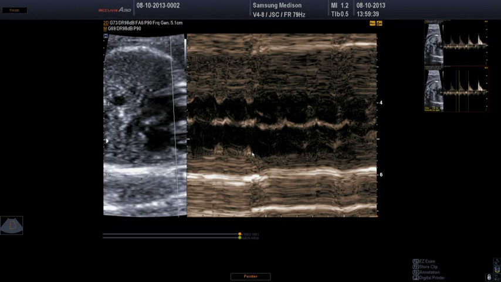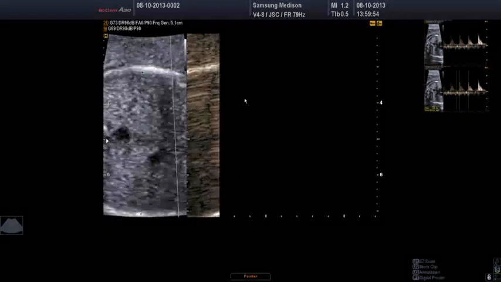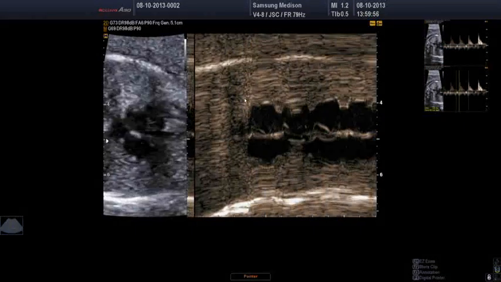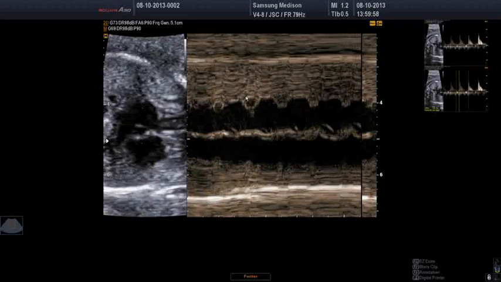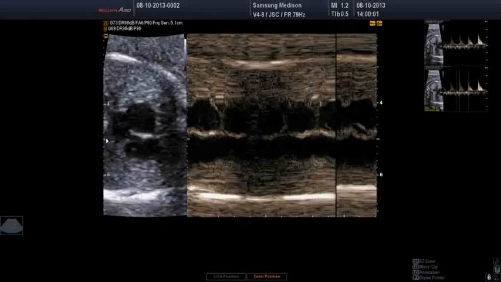And that's the right ventricular free wall. So visually, you can correspond each point on the 2D image with the M mode. And from here, once we have a better quality M mode, you can measure dimensions of the left ventricle in diastole and in systole. So that illustrated just the M mode line again.